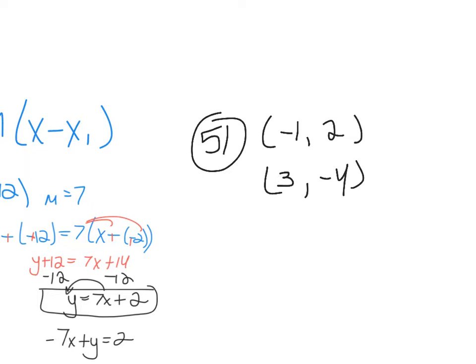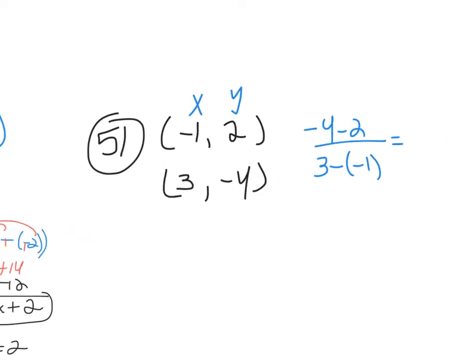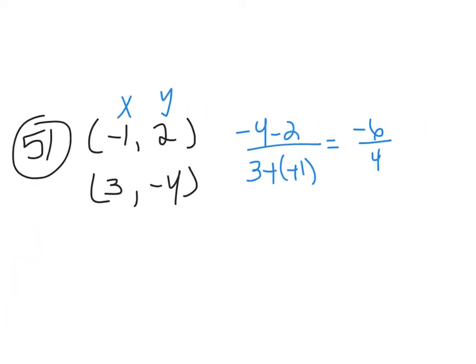Do I have information that can give me the slope? Yes: y2 minus y1 over x2 minus x1. So -4 minus 2 over 3 minus -1. -4 minus 2 is -6, over 3 plus 1, which is 4. So I have a slope of -3 over 2.